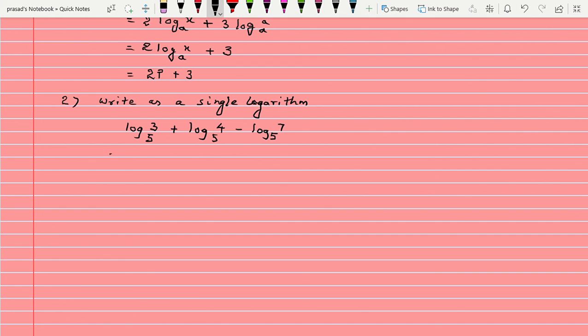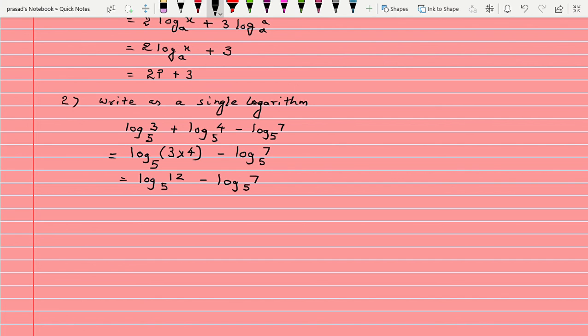So that will be log, first of all, log of 3 to base 5 plus log of 4 to base 5. That will be log 3 into 4 to base 5 minus log 7 to base 5, which is log 12 to base 5 minus log 7 to base 5.